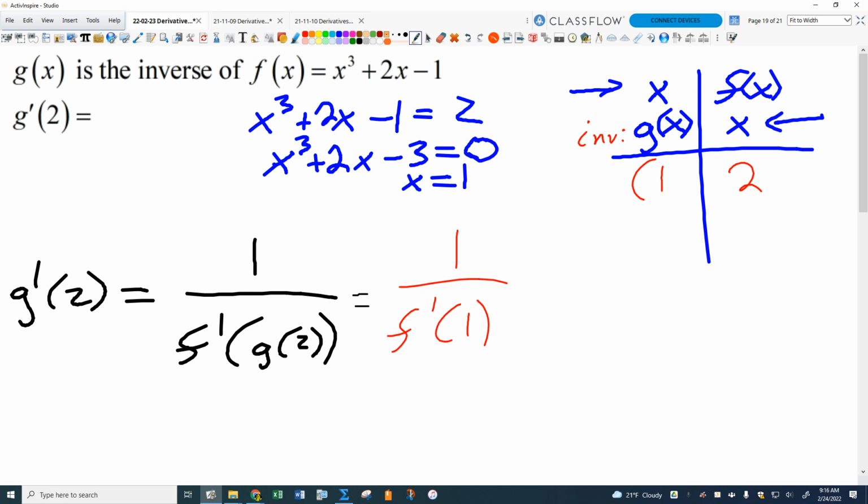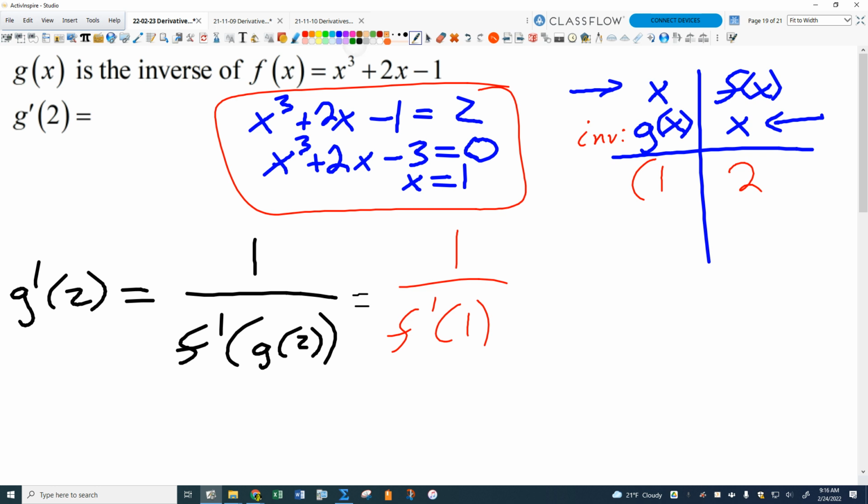Everybody see that? So I never even had to know what the inverse function was. That's the beauty of this, right? The only really challenging part of this is that I've just got to be able to figure out what both parts of that ordered pair are. So what's that going to give me?